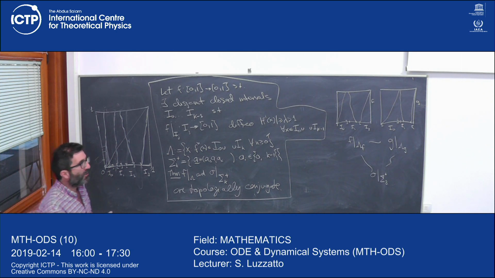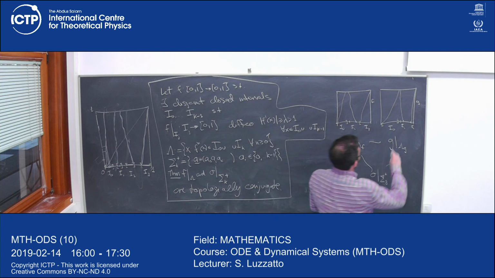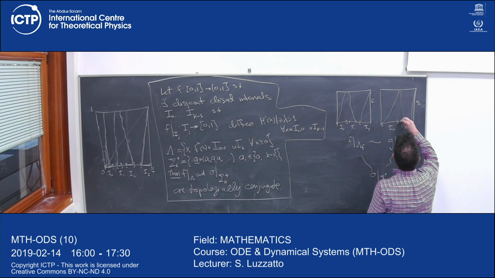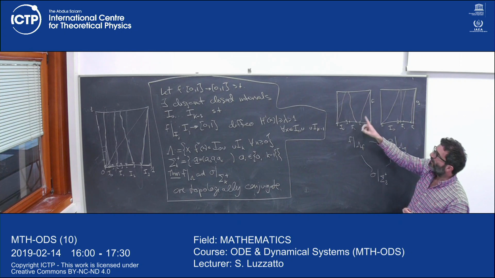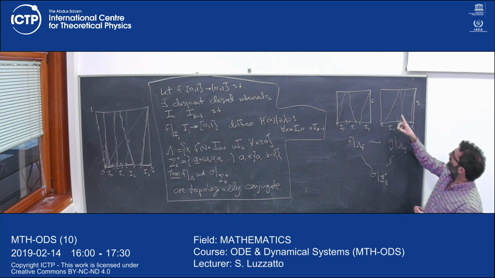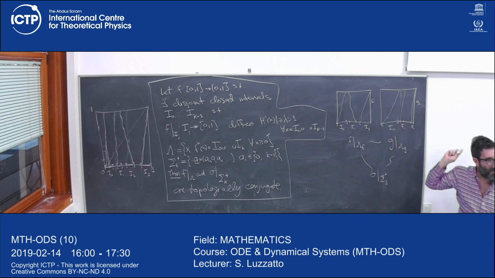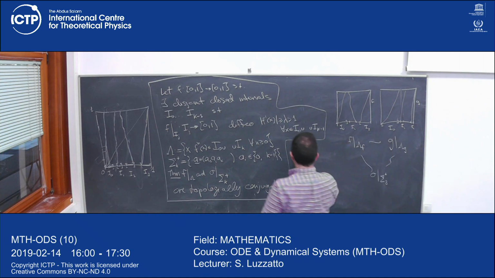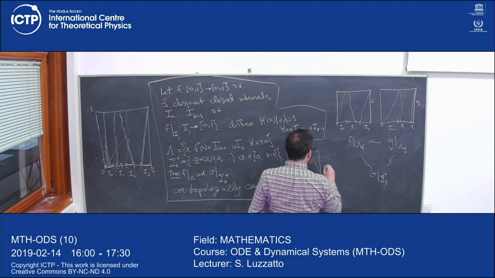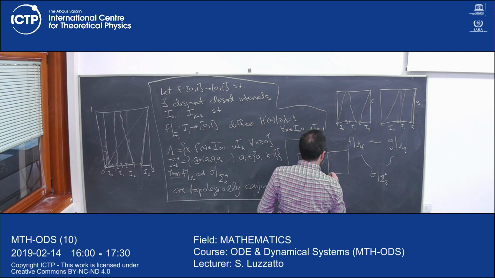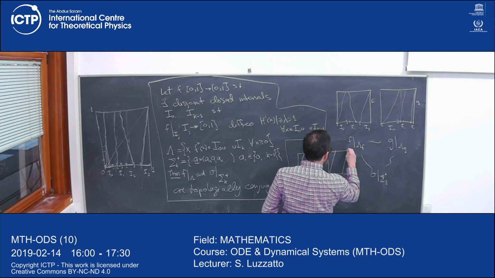Does it depend on the orientation? So if I take one with negative derivative and two with positive, and here I take all three with positive. Or even more simply, in the case with two, if I take this, or if I take this.